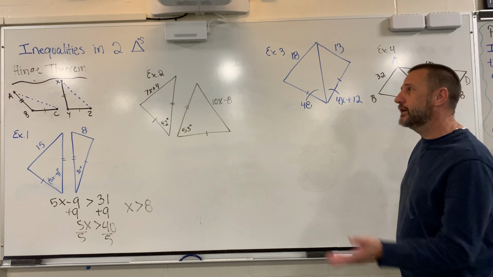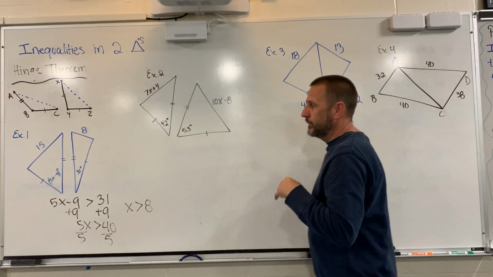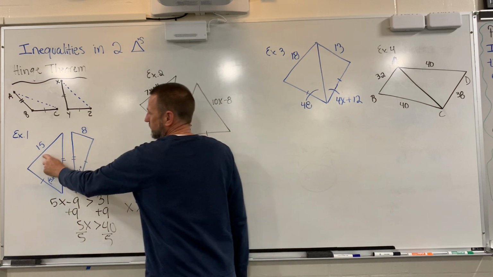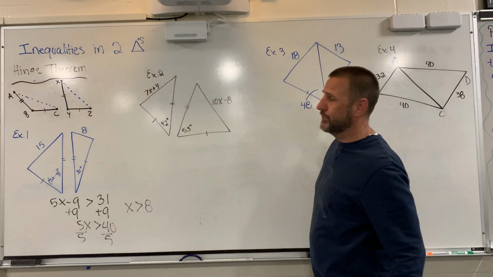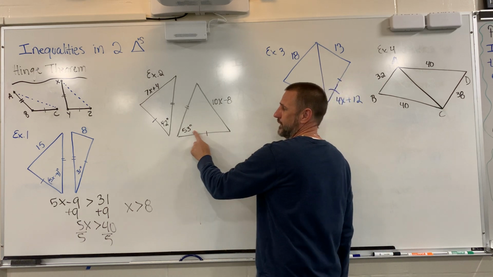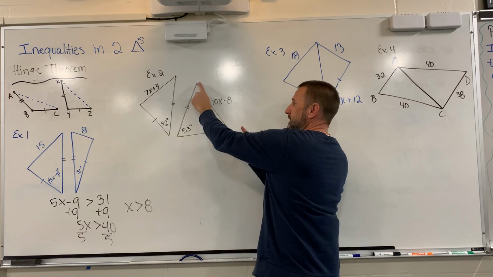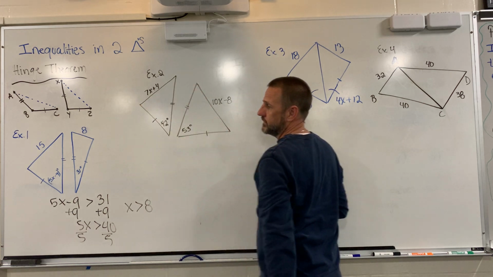The same thing goes with the converse. Before, I told you that if this distance is greater than this one, then this is a bigger angle. On the other side of that, if this angle is bigger than this angle, then this distance is greater than this distance.